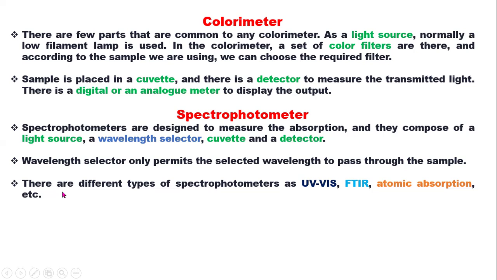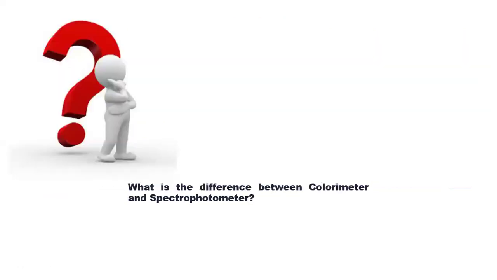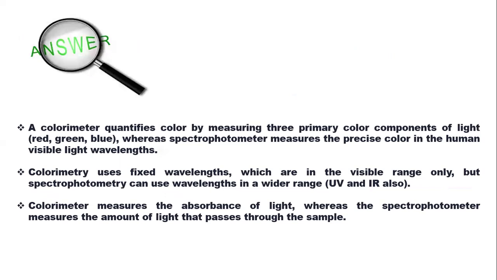So what are their differences now? What is the difference between a colorimeter and a spectrophotometer? The colorimeter quantifies color by measuring three primary color components of light, that is red, green, and blue, whereas the spectrophotometer measures the precise color in the human visible wavelength.